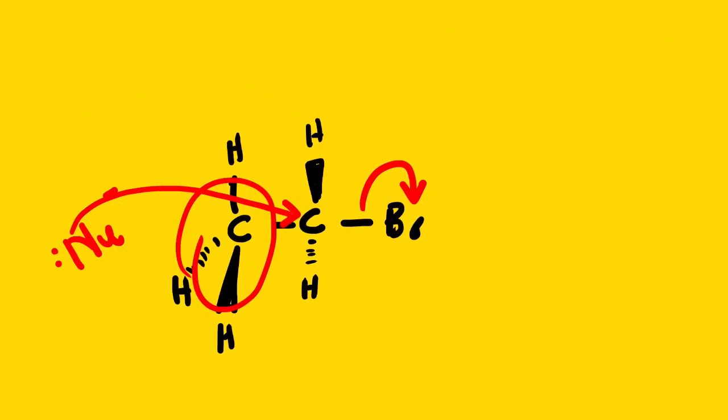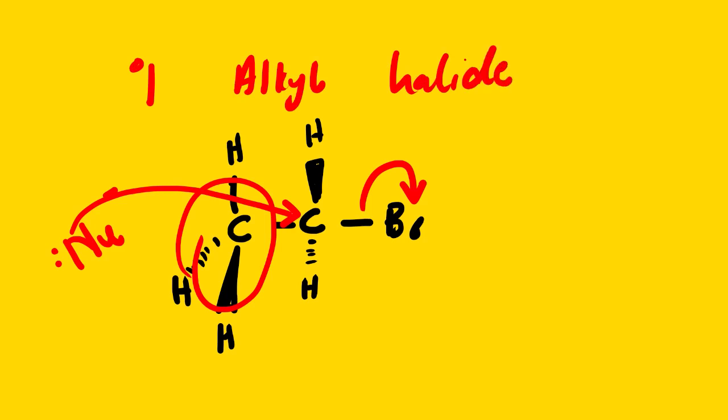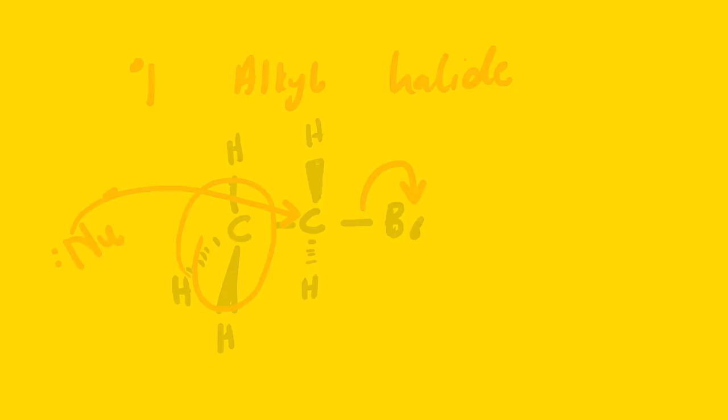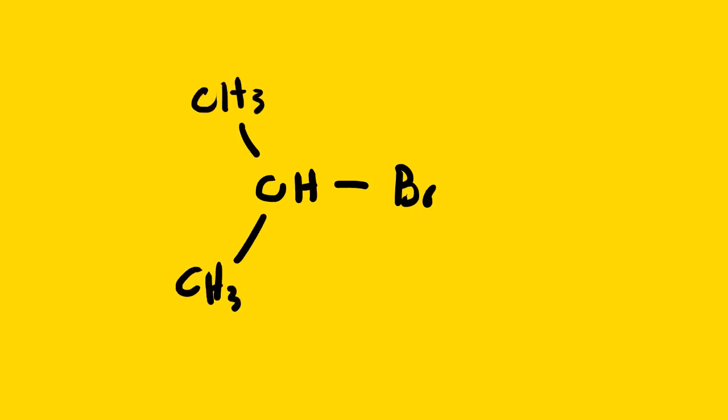So for the primary, we are going to have a slight difficulty getting to our electrophile, but it is not impossible. It is actually possible for the primary alkyl halide. So for the secondary, suppose we have Br bonded with CH, and then we have CH3, CH3.